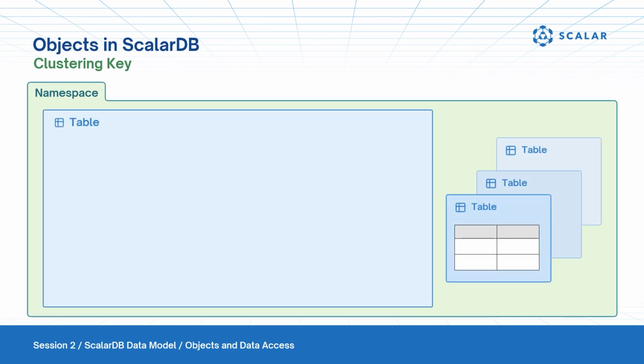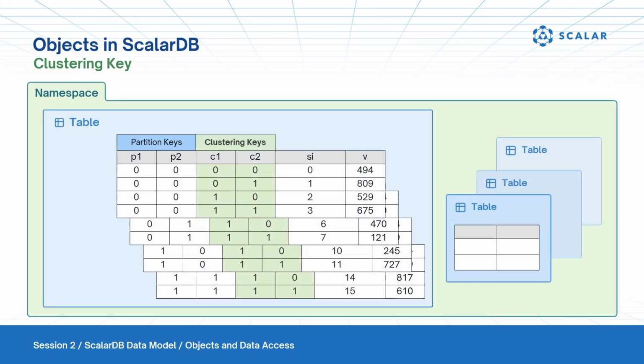Clustering key. The clustering key uniquely identifies a record within a partition. In this example, a two-column clustering key is specified, but a single column is also sufficient if a unique row can be identified using that. If a row can be identified by the partition key alone, it is not necessary to set a clustering key.